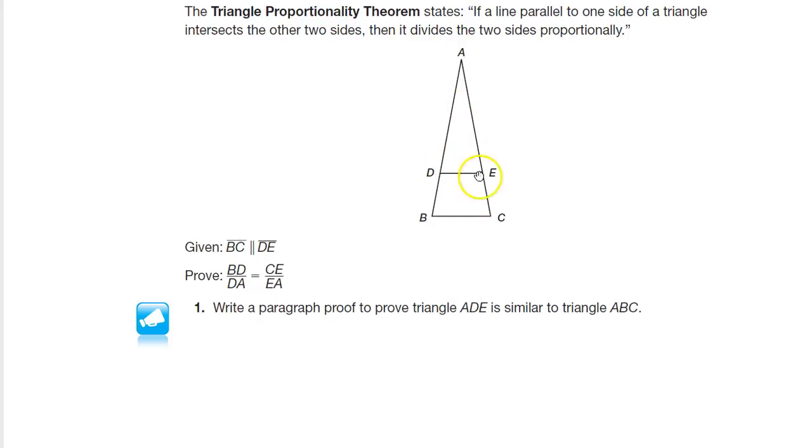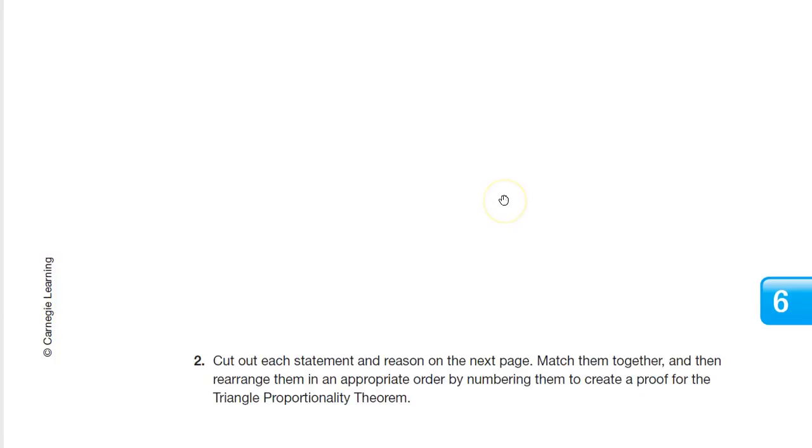Therefore, this smaller triangle ADE has to be similar to this triangle ABC, because they have angle-angle similarity. Of course, you could also use the reflexive property and say angle A is congruent to itself.